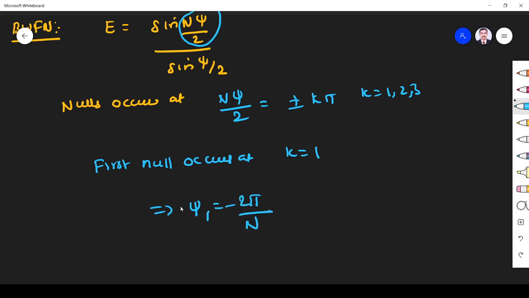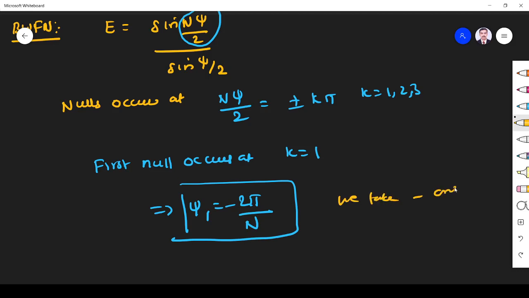That's the first null. K is equal to 1 means pi, so psi 1 is 2 pi by n. Plus or minus, we take only minus. Why do we take minus? For convenience of analysis, right? You can take plus also, it is a tedious process. So we take minus.